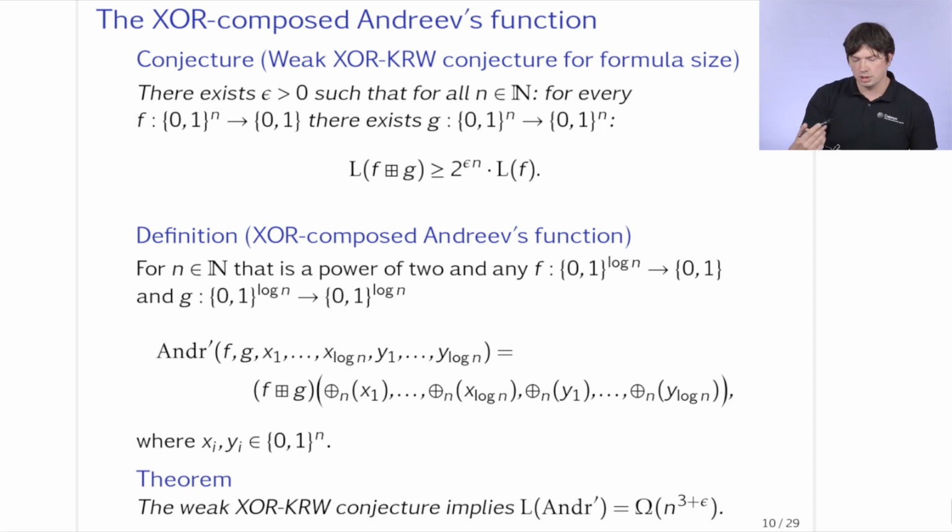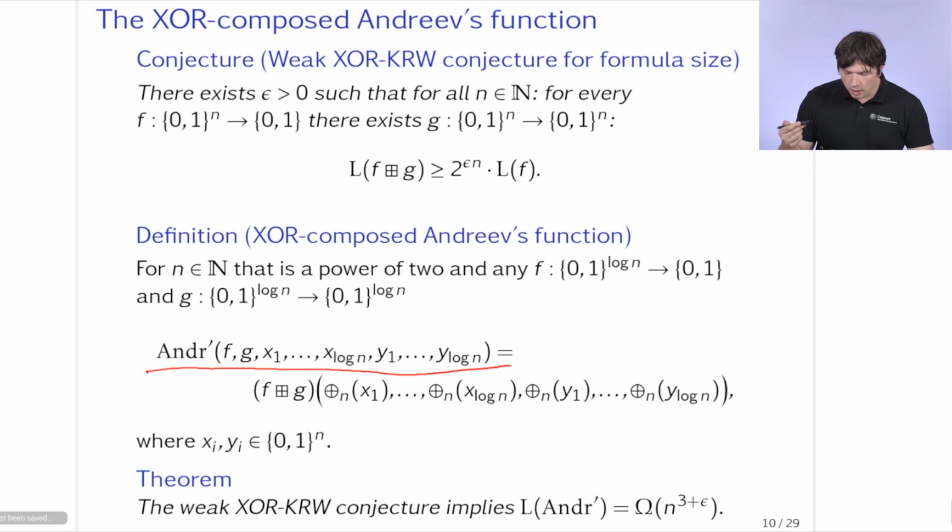So that if you compose f with g, then the size of the function would be a little bit bigger than the original function f by some exponential factor. Then this would be enough to prove the lower bound for this modified Andreev function, right?